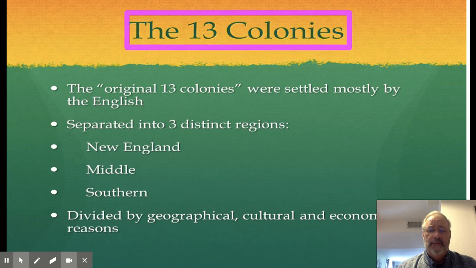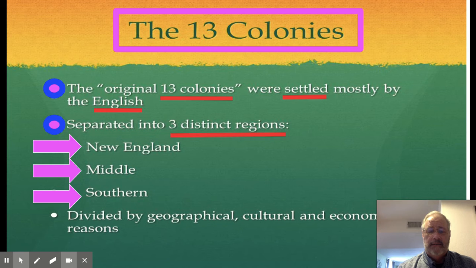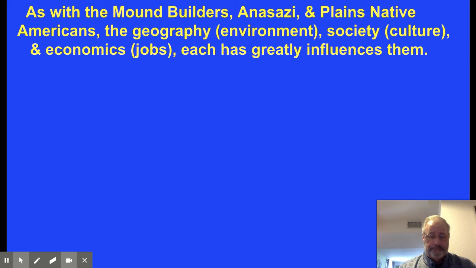As people migrated to what would become the 13 colonies, it was settled mostly by people from England. And as they came, it developed into three distinct regions. We said it's the New England, the middle, and the southern colonies. These are all going to have different geographical, different cultural, and different economic reasons and features that we'll talk about and learn about as they grew and developed.